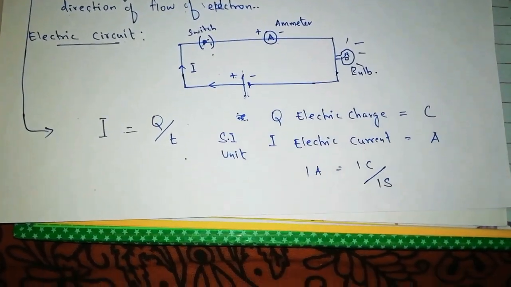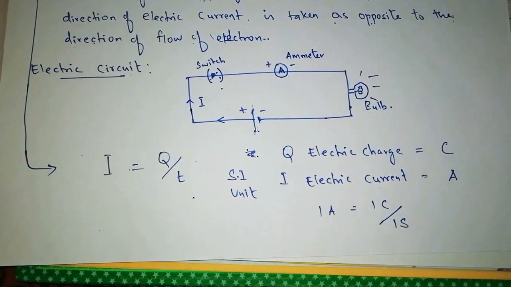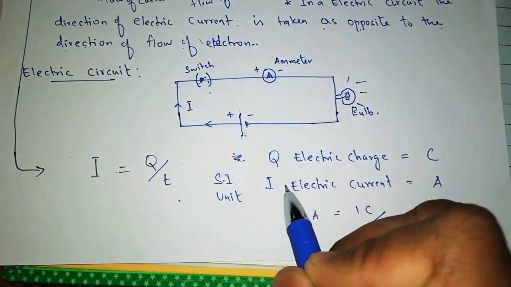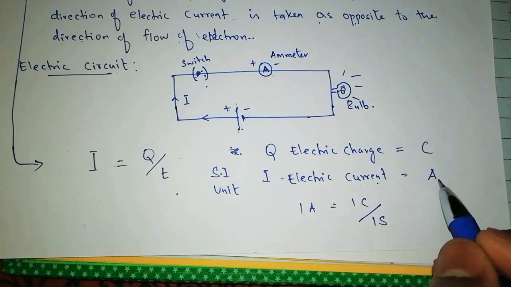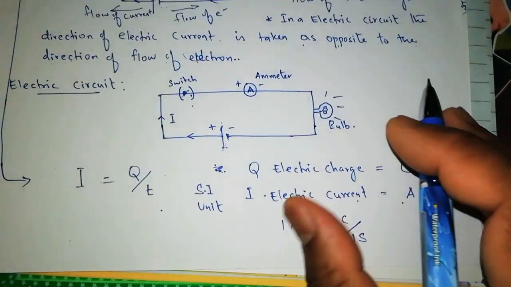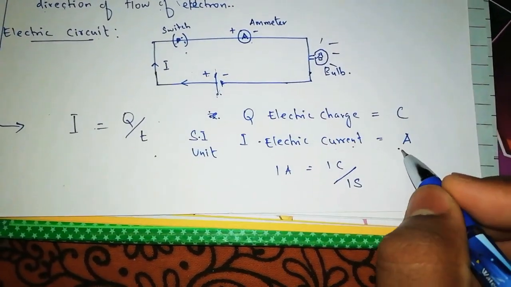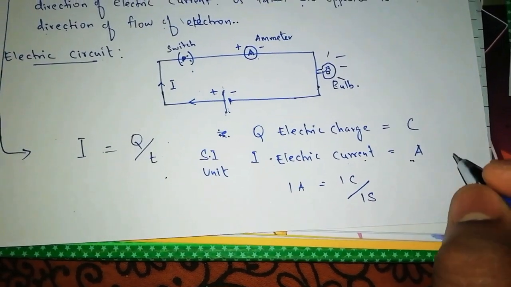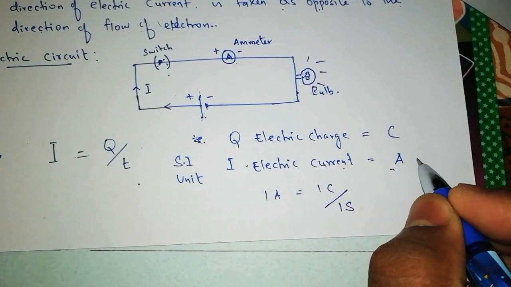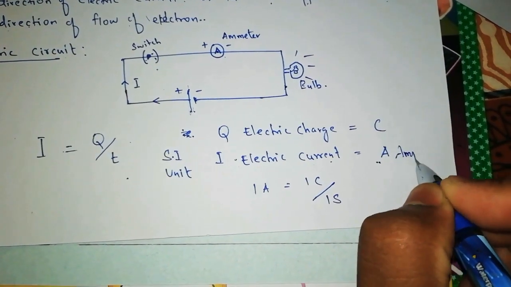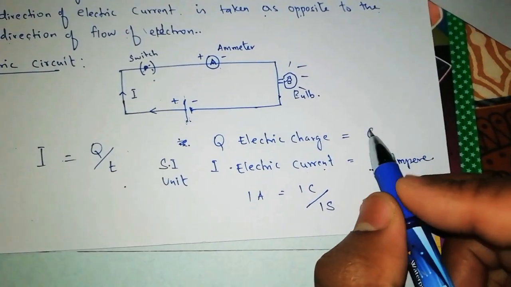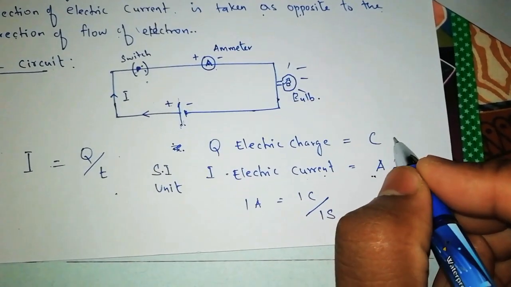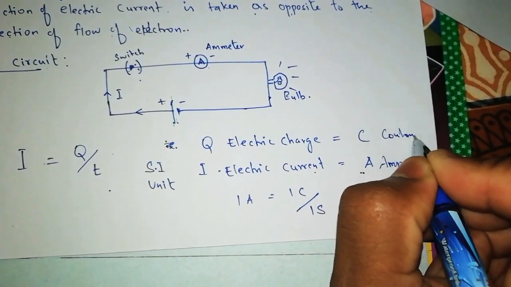And what is the SI unit of each and everything that we learn? Electric current I is represented by A, and the unit of electric current is A, which means ampere. And electric charge has a unit called coulomb.